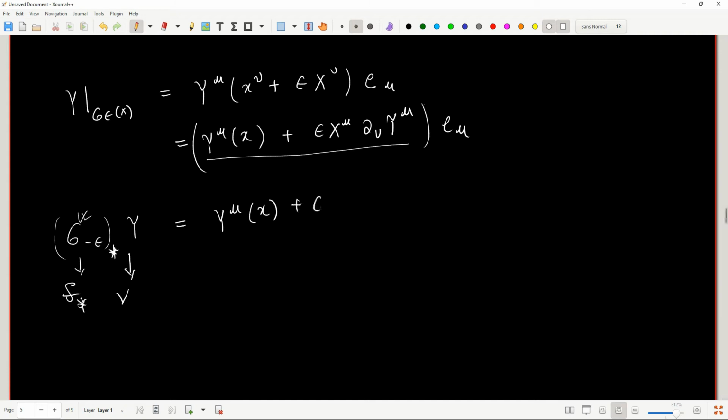This is y^μ epsilon. Oops, there should be a nu index over here. Yeah, it should be a nu, because the powers, the 1 2 3, all of this has to match, so this has to be a nu. Sorry about that.